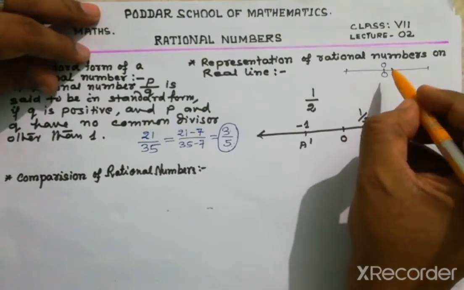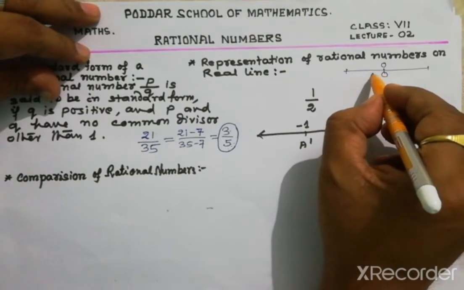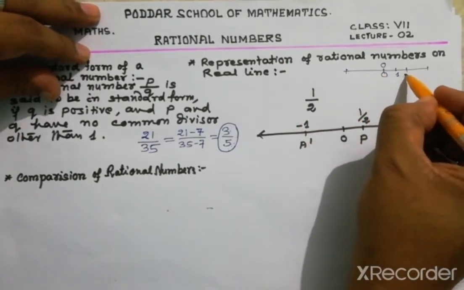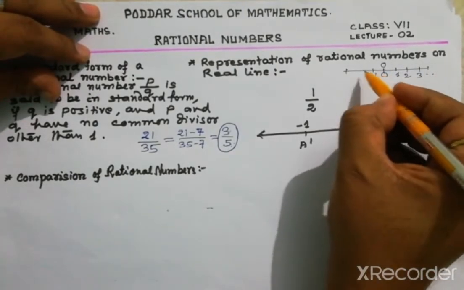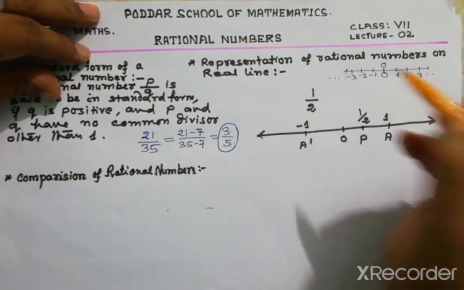Set equal distances on the right as well as on the left of 0, like this, 1, 2, 3, and so on, -1, -2, -3, and so on.